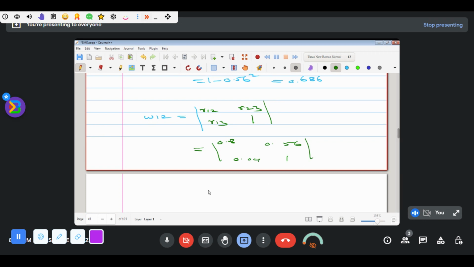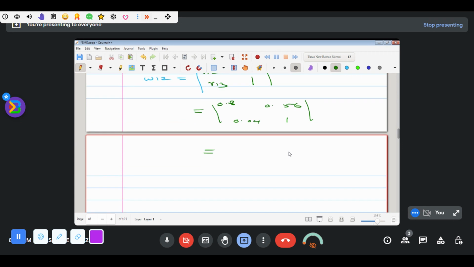Just calculate. Cross multiply: 0.8 into this one minus this one. Omega 12 equal to 0.776.